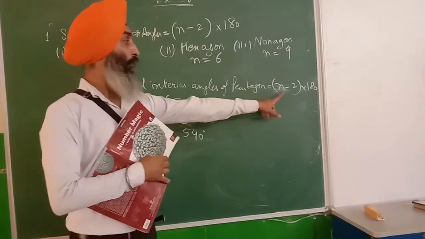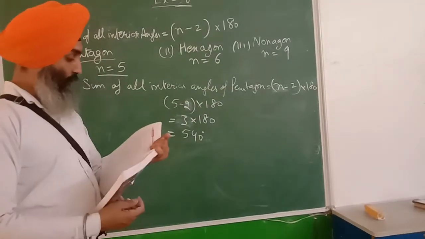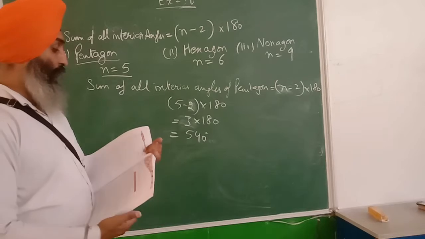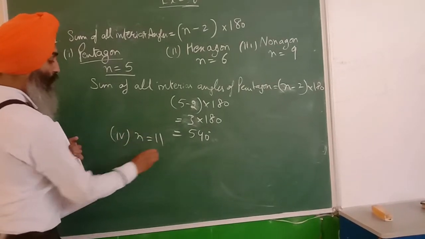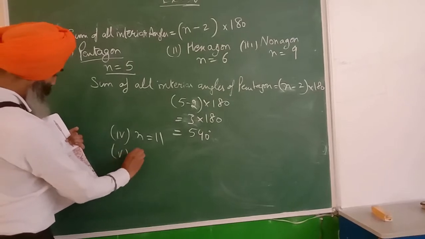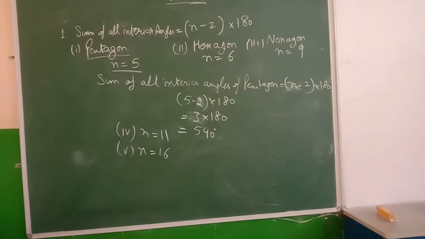Apply the same formula by putting n equal to 9. In the fourth part, n is equal to 11, and in the fifth part, n is equal to 16. Understood? This is all about your first question.